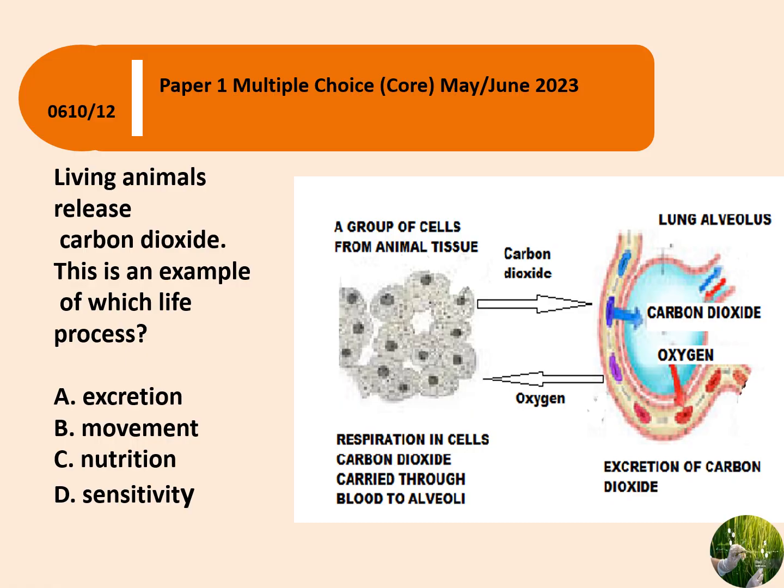The individual cells respire and carbon dioxide is released as a waste product which is carried to the lung alveoli where it is excreted to the outside. So the answer is excretion.